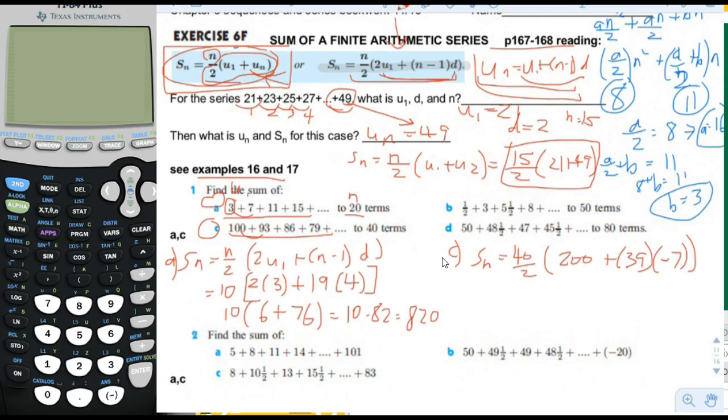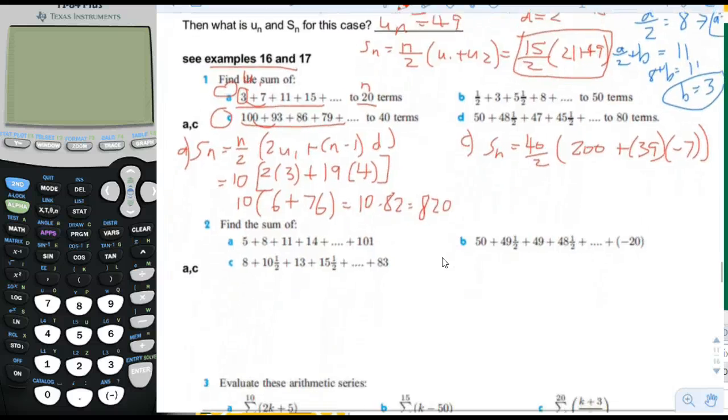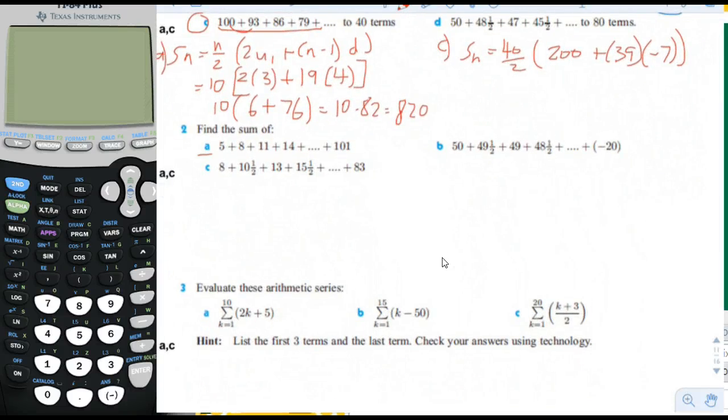Okay, so we would do this with your calculator. 39 times negative 7 plus 200 times 20, okay?